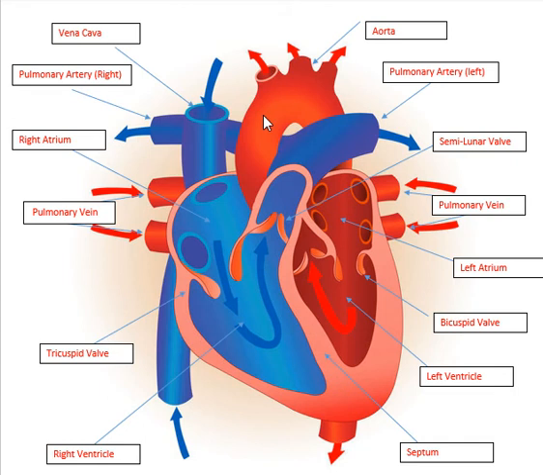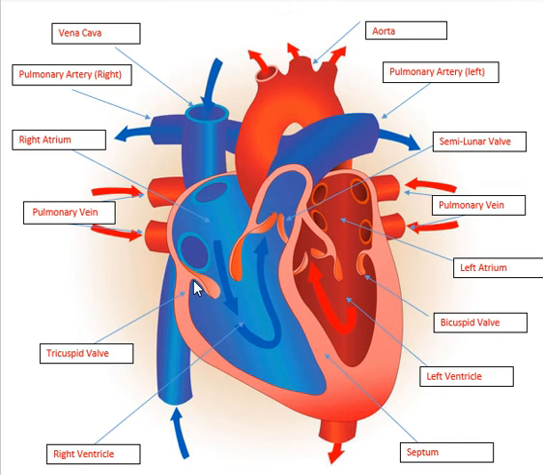One more tip just before we start naming each area of the heart: if you have the word pulmonary, so here we can see pulmonary vein and here we've got pulmonary artery, that relates to the lungs. So it means that it's either coming from or going to the lungs.